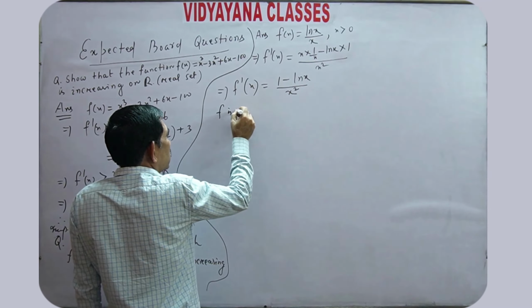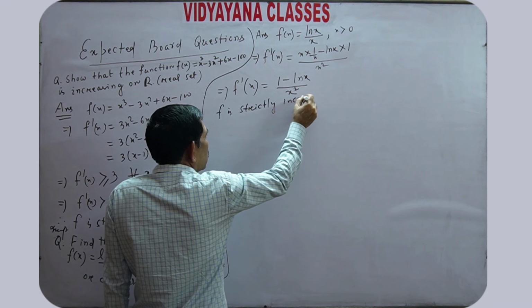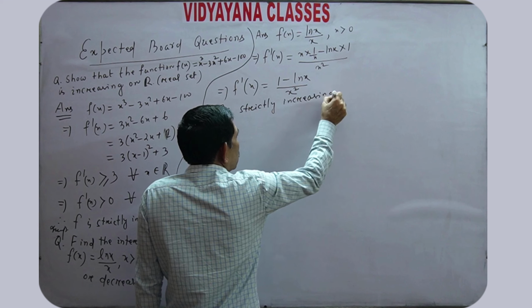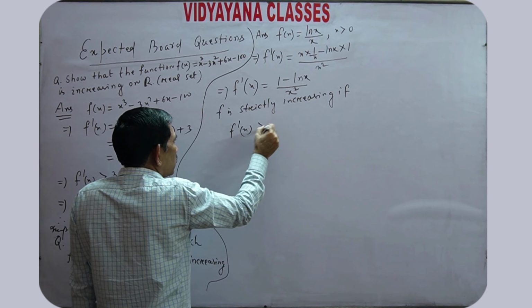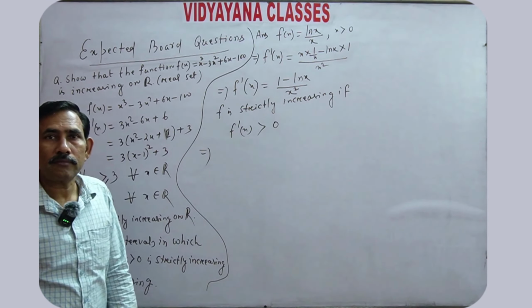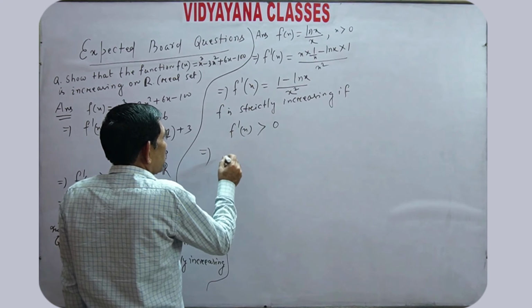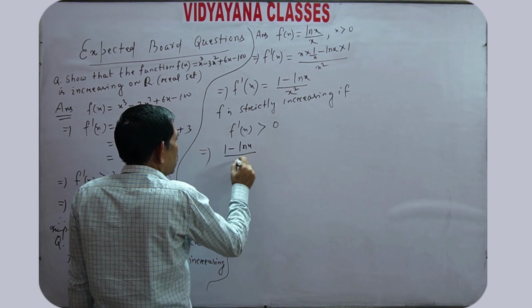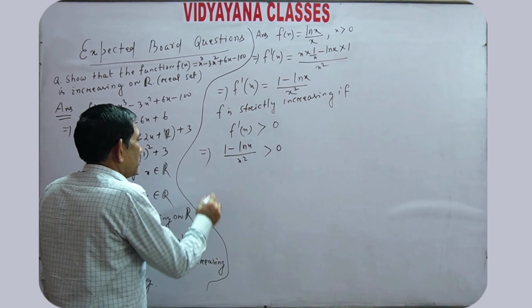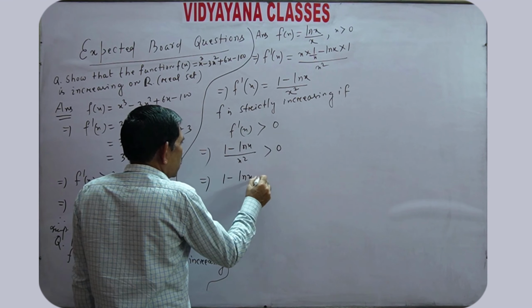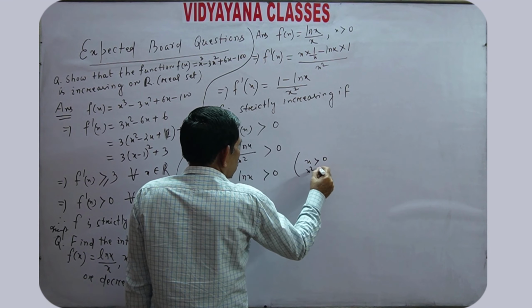f is strictly increasing if f'(x) > 0, which implies (1 - ln x) / x² > 0, which implies 1 - ln x > 0, since x > 0 and x² > 0.